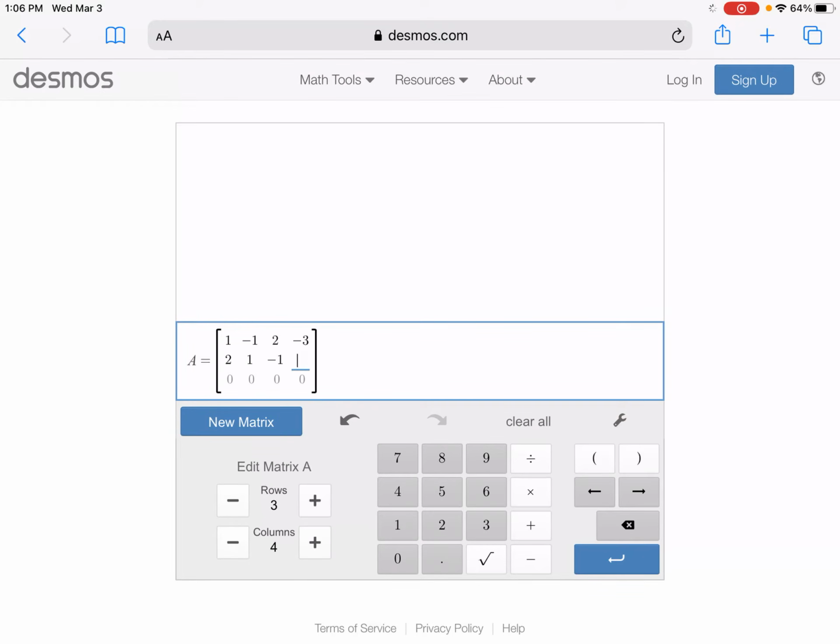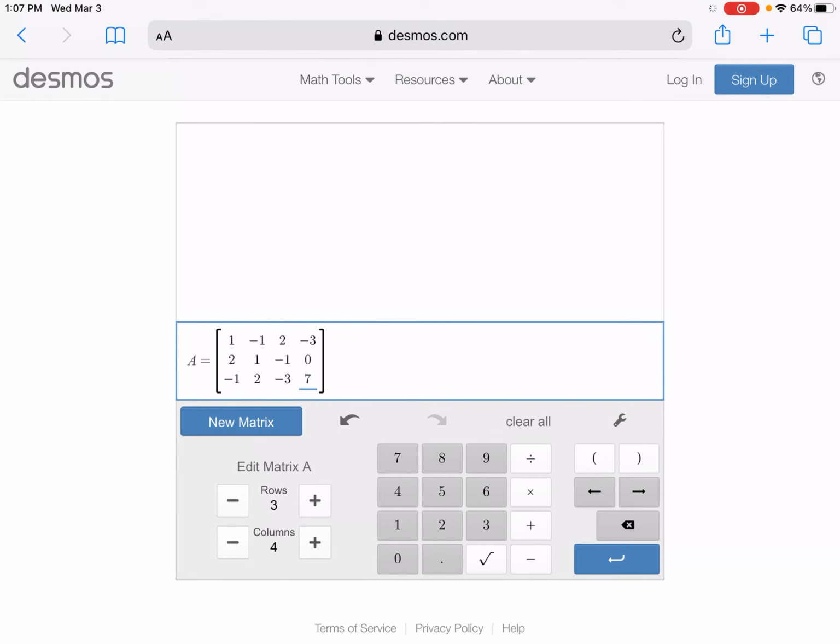So these are the coefficients from my equations, or from the matrix if we're looking at the row reduced example. Negative 3 and 7.